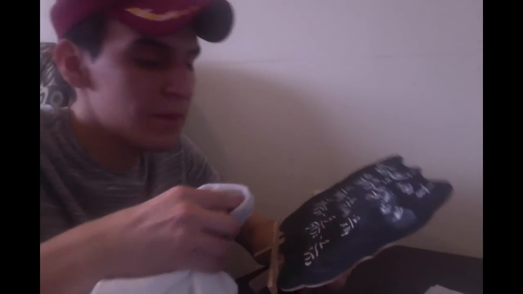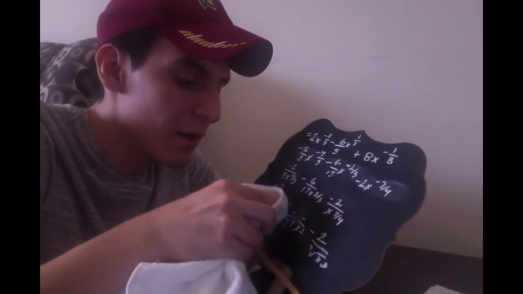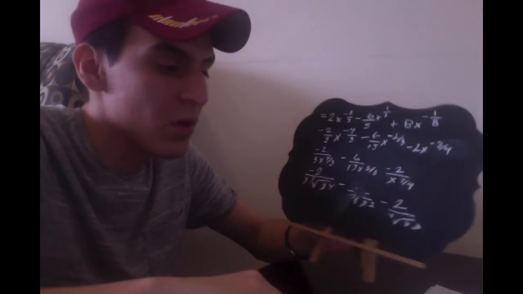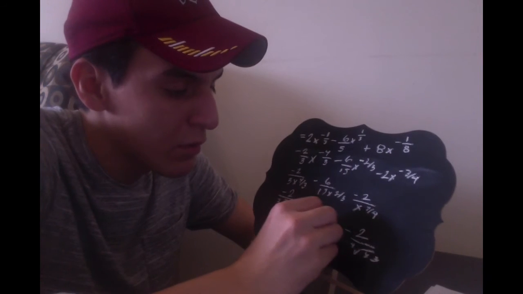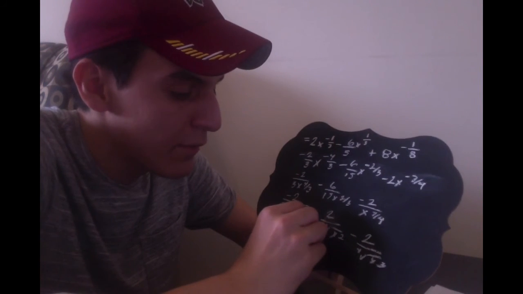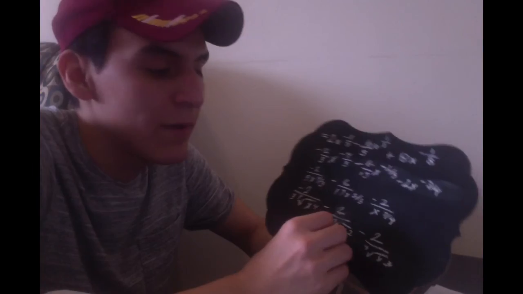Don't forget to simplify. The 6 we had and the 15 will turn into a negative 2 over 5 cube root of x to the power of 2.